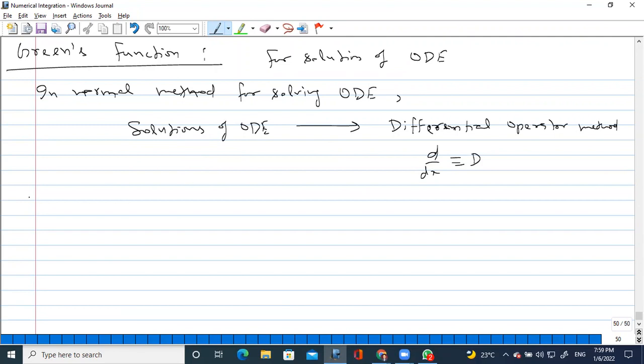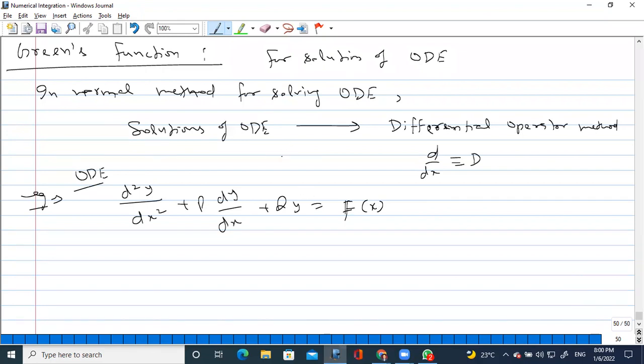Okay, so for example, suppose the differential equation is, this is the ODE, ordinary differential equation, d2y over dx square plus p into dy by dx plus qy is equal to f(x).